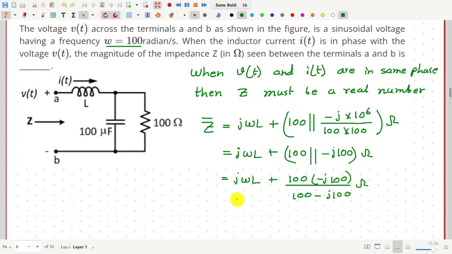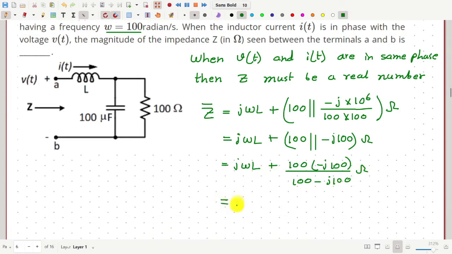Let us simplify this. So we have j omega L plus 100, and then minus j by 1 minus j. This is in ohm. We have divided the numerator and the denominator by 100. Next, we can also multiply the numerator and the denominator with 1 plus j.